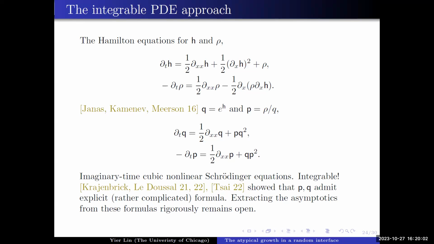But something nice, at least we have some explicit description of the shape of the equation in the finite lambda situation. But extracting these asymptotics from this complicated formula, more like what they do in integrable probability, rigorously remains open.